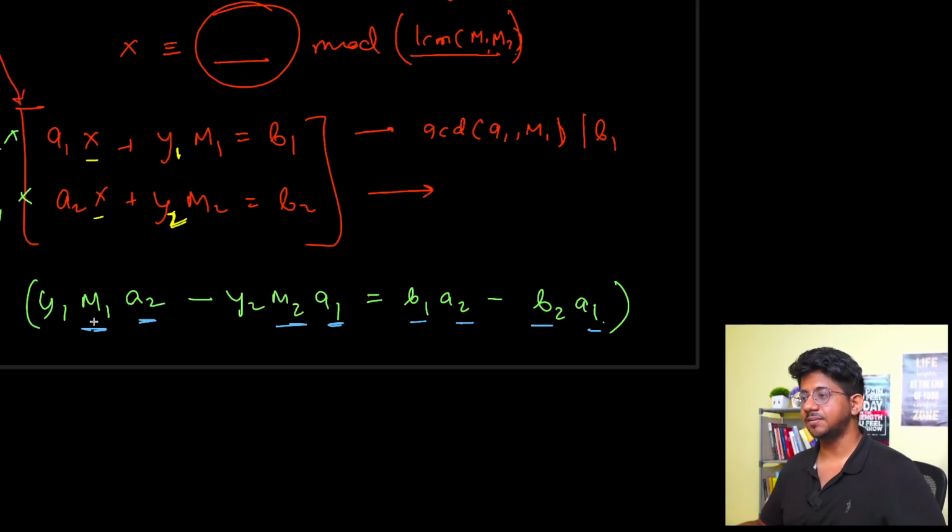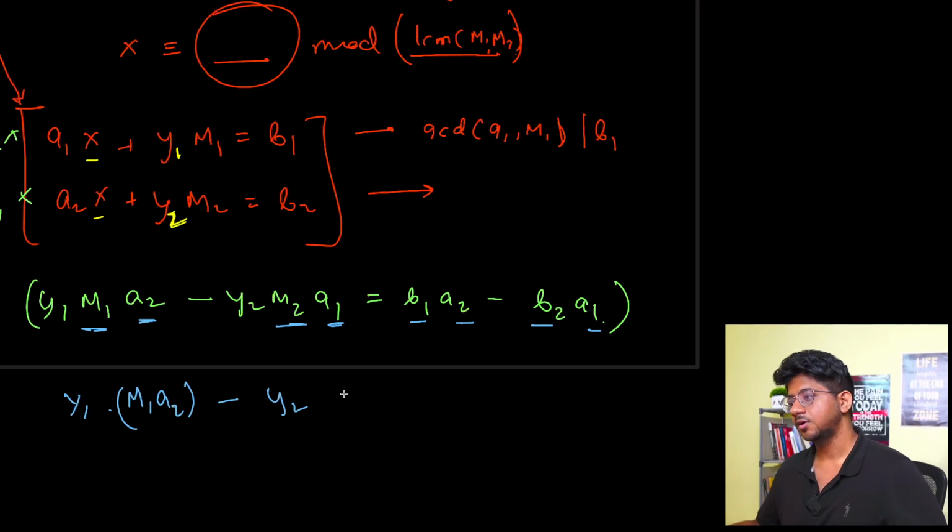So it is like some y1 times this term over here, minus y2 times, I'm going to just write plus minus, what is going to be over here, m1 m2 minus a1 m2, there is some constant.